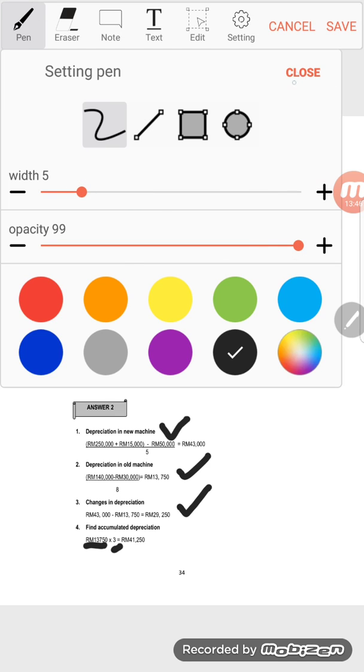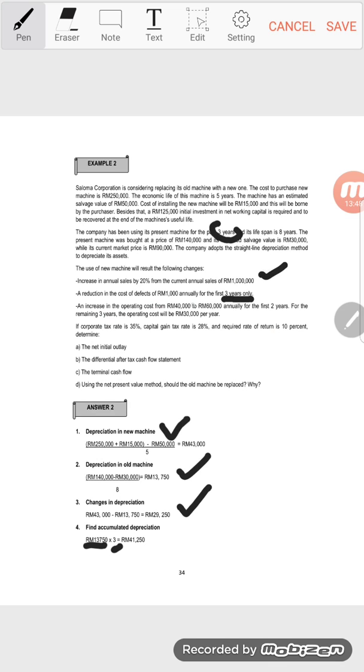Let's look at this one. The increase in operating cost. So an increase in cost means that the amount will be put under outflow. So the increase in operating cost from 40,000 to 60,000, how much is the increment?